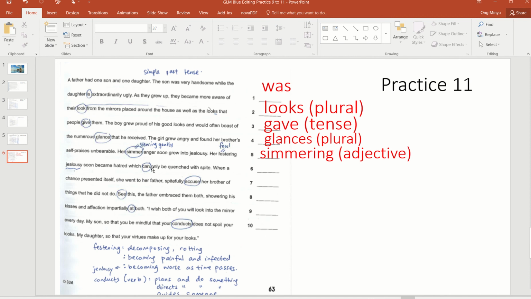Looking at line 6, you notice the word can. It should be what tense? It should be in simple past tense. So the simple past tense of can is could. You're right. Could.